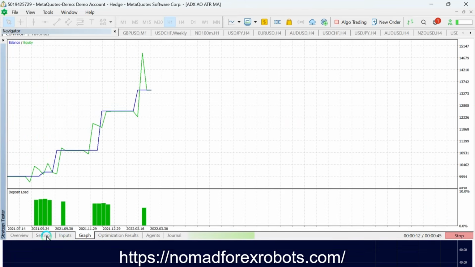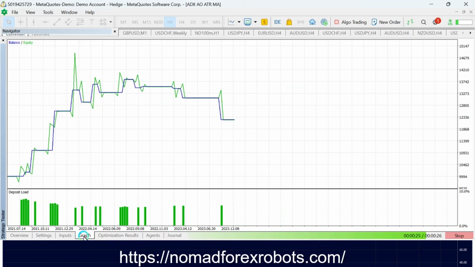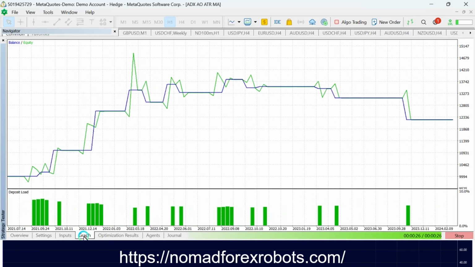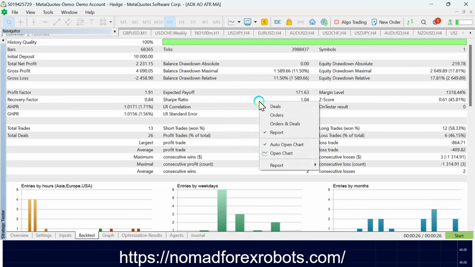So far, very good, but I don't know what is going to happen at the end, because it seems like it is going to be not as bad as the NZD Japanese yen, but it is not as good as the USD Japanese yen. Let's see. It is not that bad actually.